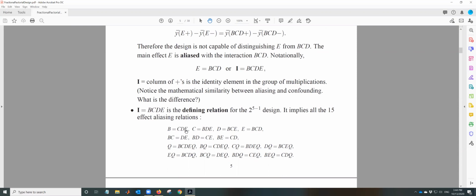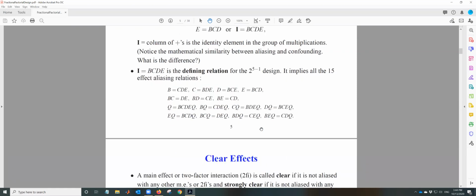B equals CDE, C equals BDE, because these are the same relationship. From BCDE, you can get B equals CDE, C equals BDE, D equals BCE, and at the same time BC equals DE. And if you multiply by Q on both sides, you will be able to get Q and also E. So those are all the 15 effect aliasing relations.